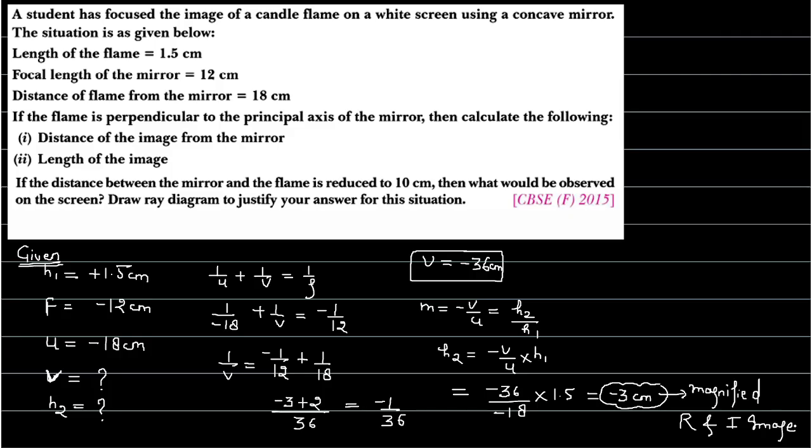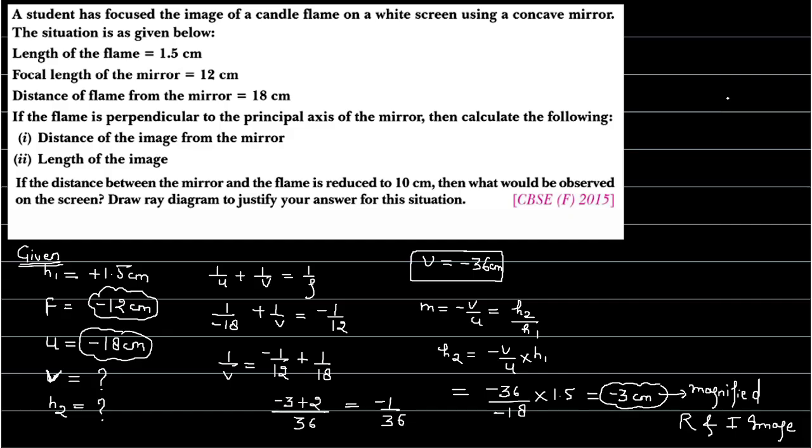Now look at it carefully. f is minus 12, and u was 18 centimeter. If the distance between the mirror and the flame is reduced to 10 centimeter, that means now the object is placed between pole and focus, because focal length is 12 and you are keeping the object at 10 centimeter.